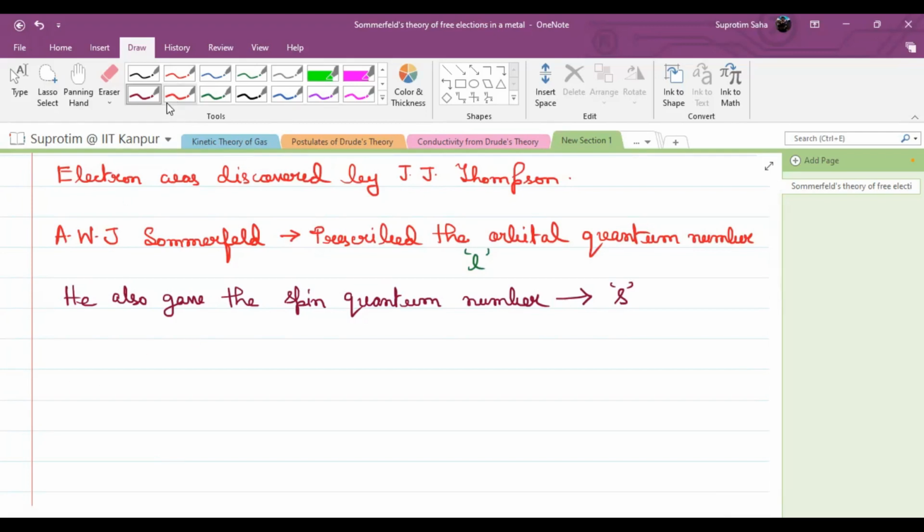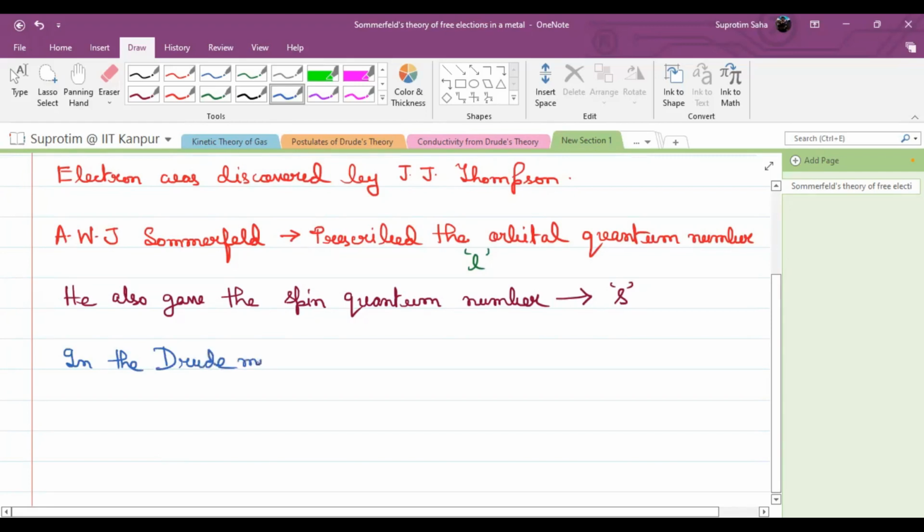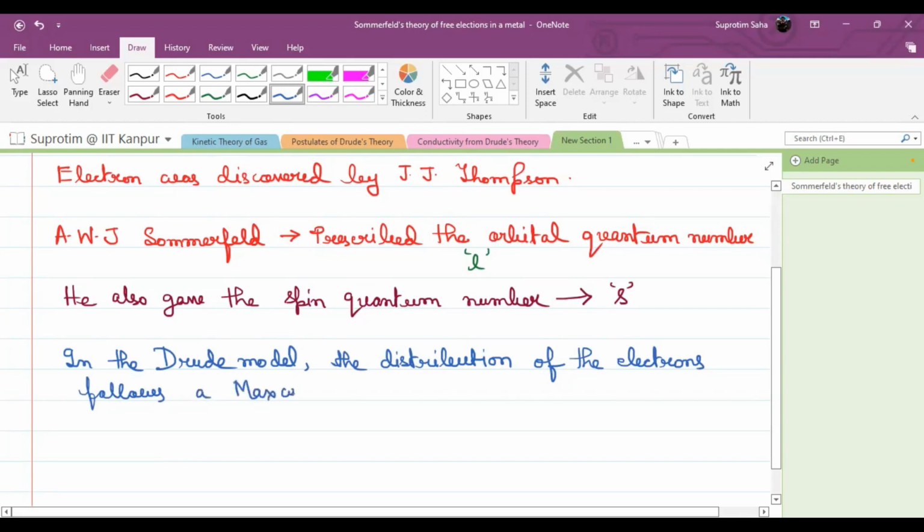In the Drude model, the distribution of the electrons follows a Maxwell-Boltzmann nature.